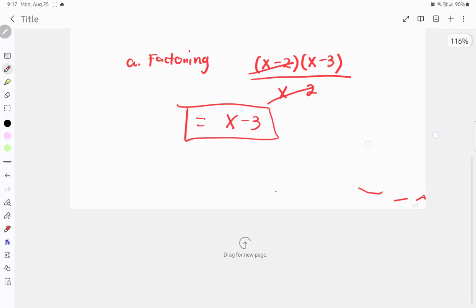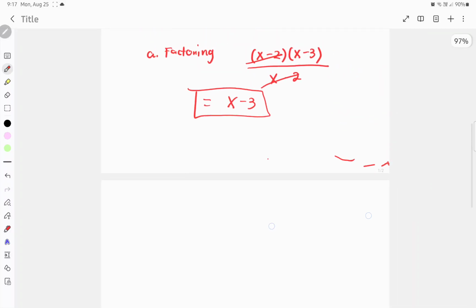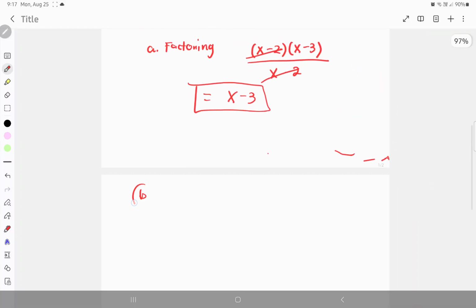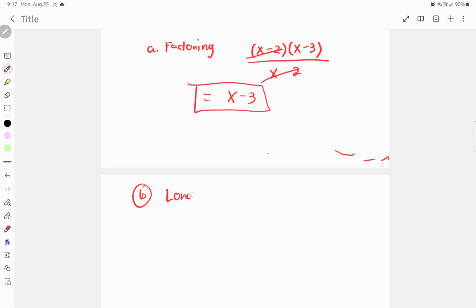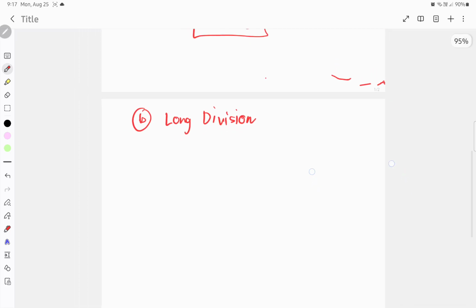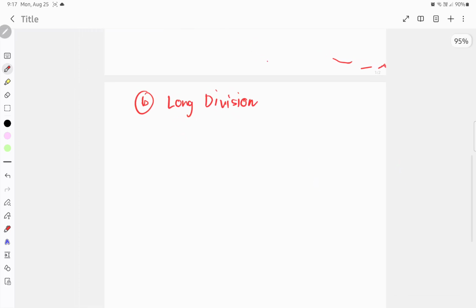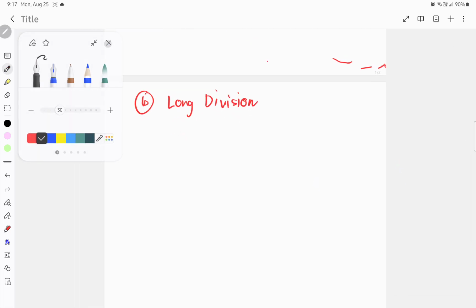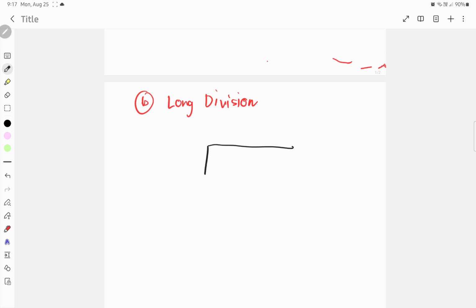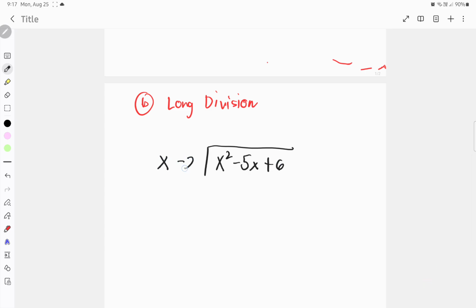And there are other ways on how to divide this one. Let's have now the other one, which would be the long division. The long division is like when you're dividing numbers, and there would be a symbol like this one. So you have now your x squared minus 5x plus 6, which is your dividend, and then you have now x minus 2.